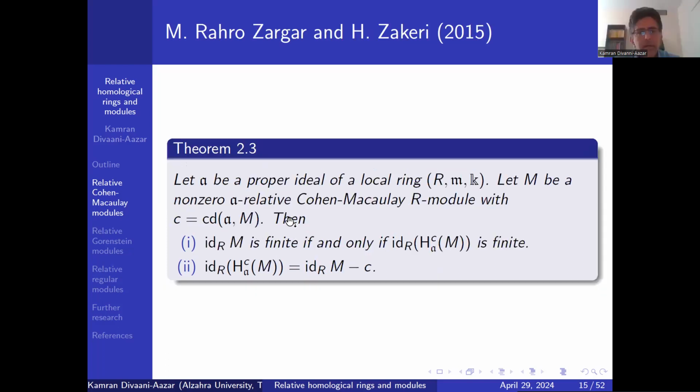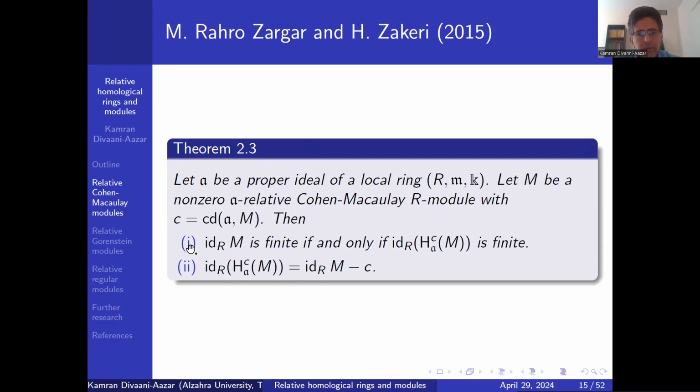So the other result is due to Rahro Zargar and Zakeri. Let A be a proper ideal of a local ring, and M be a non-zero A-relative Cohen-Macaulay R-module. Denote the cohomological dimension of M with respect to A by c. Then we have these two assertions.